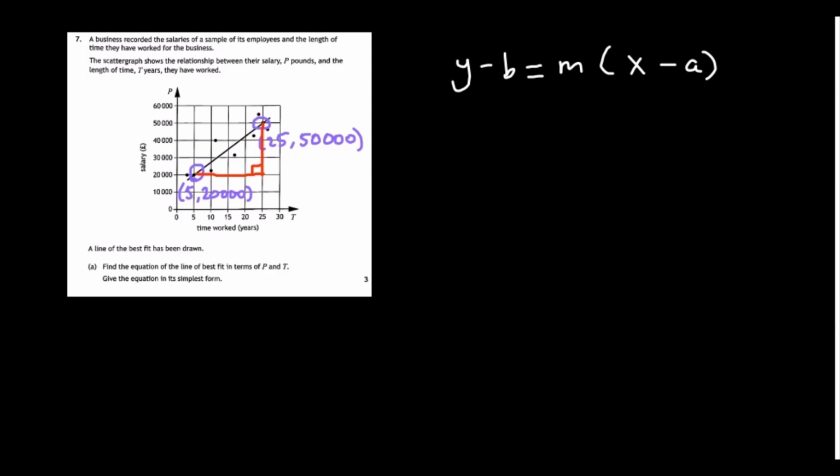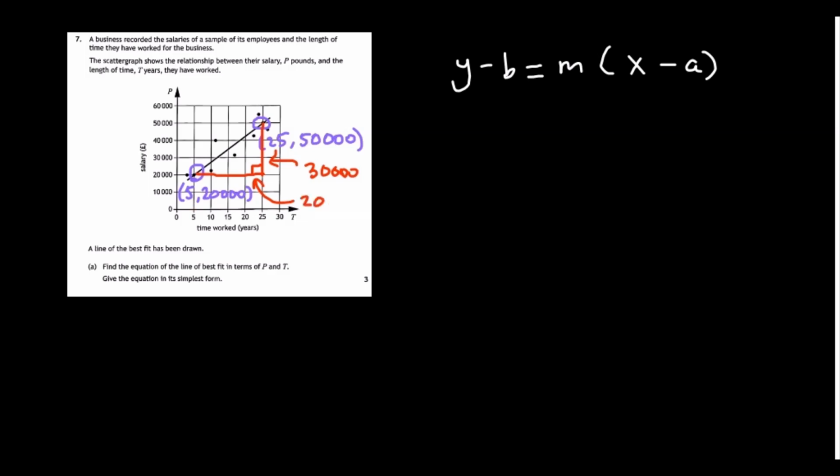So this would be 50,000 minus 20,000, so that length would be 30,000, and this length would be 25 minus 5, so it would be 20.